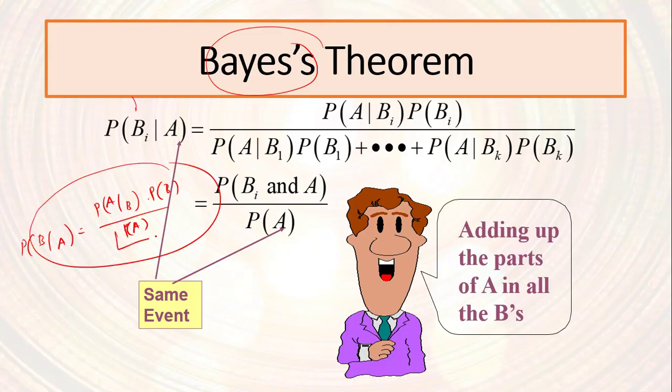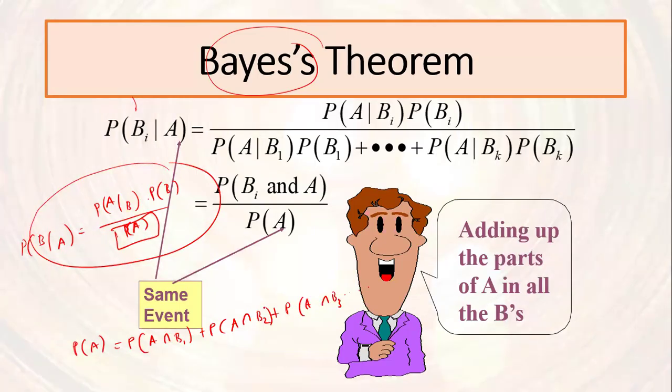Okay, this is the total probability I told you. So probability of A here, you can rewrite again. How, sir? Probability of A intersection B1 plus probability of A intersection B2 plus probability of A intersection B3.